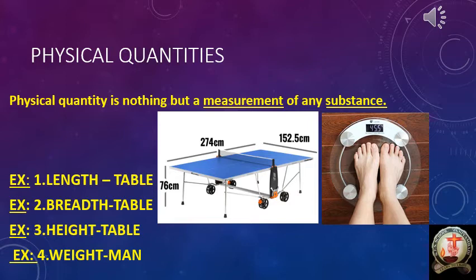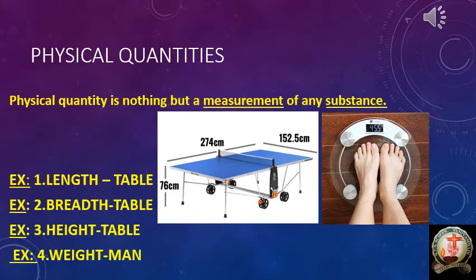What are they? The first measurement of the table is length. How much? It is 274 centimeters. So that is one of the measurements of that table. What is that measurement's name? Length. So here length is one measurement of that table.